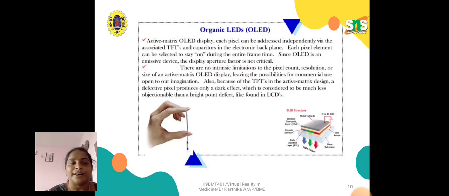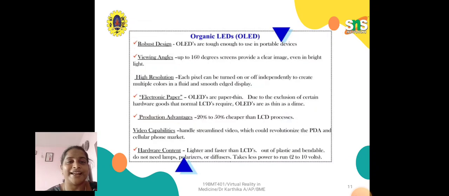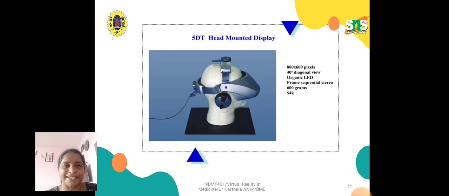Because of the TFTs in the active matrix design, a defective pixel produces only a dark effect, which is considered much less objectionable than a bright point effect like that found in LCDs. In organic LEDs, we have advantages like a robust design, viewing angles, high resolution, electronic paper applications, production advantages, video capabilities and hardware content applications.